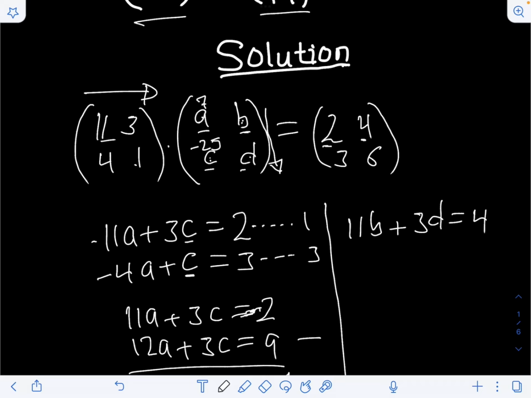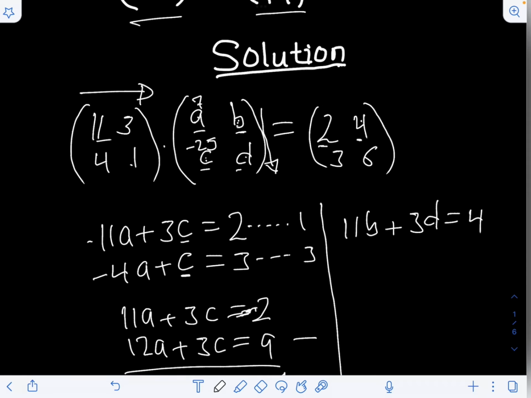B is the second column. That means we have to use the second column again: 4 times B, which is 4B, plus 1 times D, which is 1D, should give us 6. Because D is here, it should take that 6.